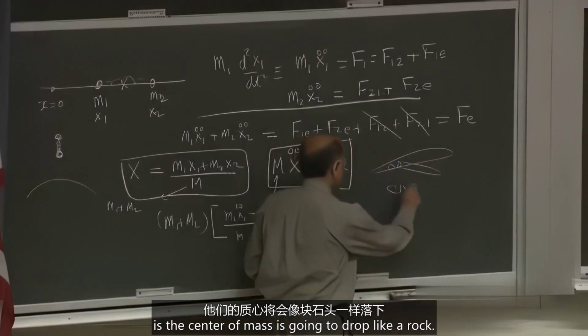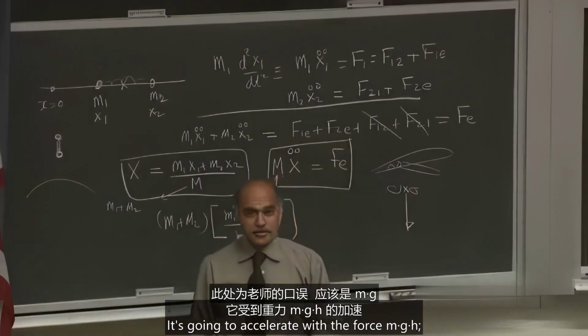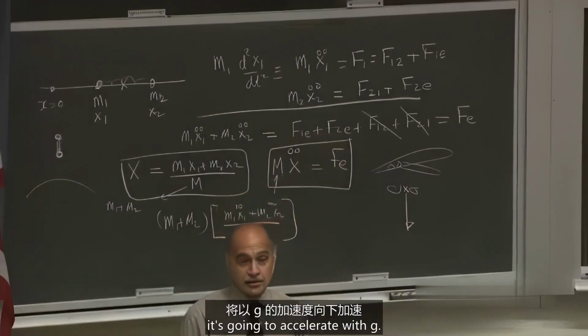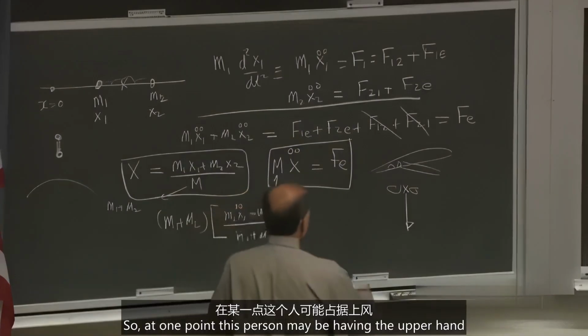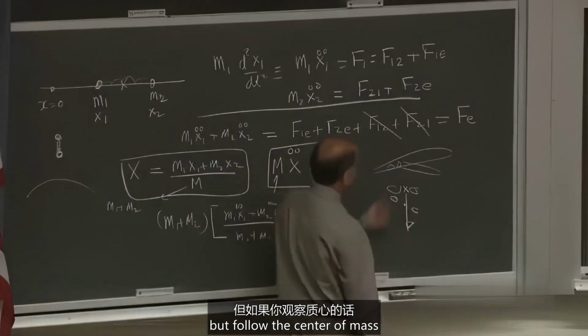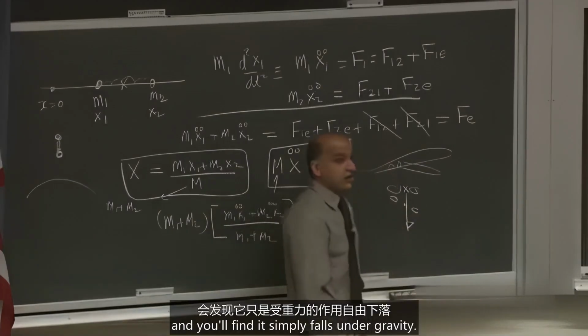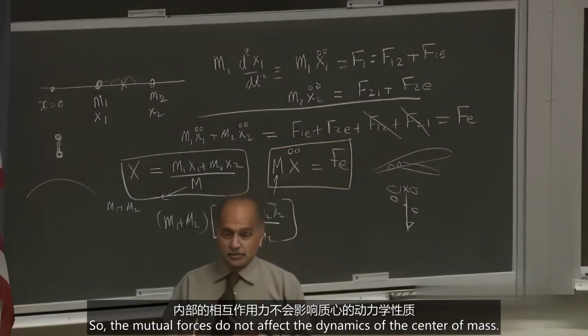But what I'm telling you is the center of mass is going to drop like a rock. It's going to accelerate with the force mg, or it's going to accelerate with g. So at one point, this person may be having the upper hand and maybe here, the other person may be down here, but follow the center of mass, you will find it simply falls under gravity. So the mutual forces do not affect the dynamics of the center of mass.